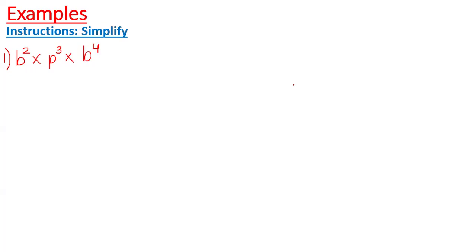b to the 6th power times p to the 3rd power. Anyone else want to try? b p to the 9th power. b to the 6th power, p to the 1st power. Oh, wait, never mind. You see the 3. b to the 7th power times p to the 3rd power. Anyone else? b to the 6th power and p to the 3rd power.